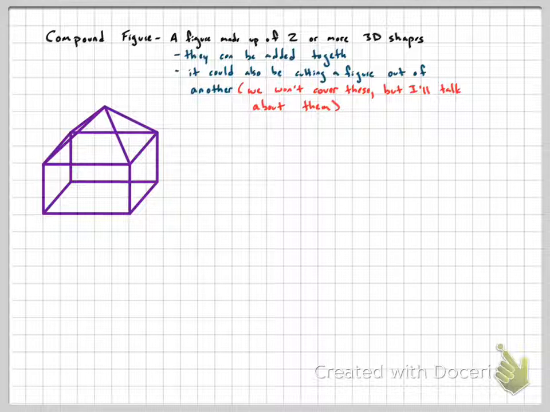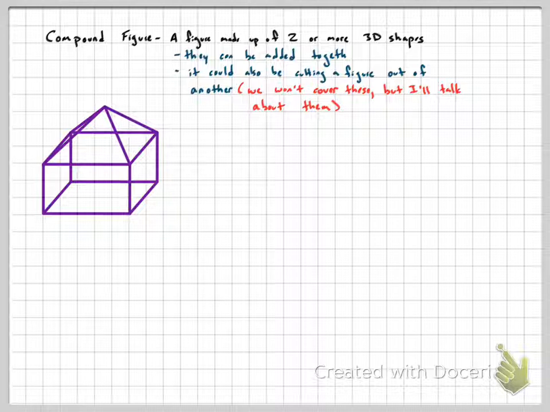And I wanted to fill this up with water. The volume of our compound figure now would be the volume of the rectangular prism plus the volume of the pyramid that's stacked on top of it.